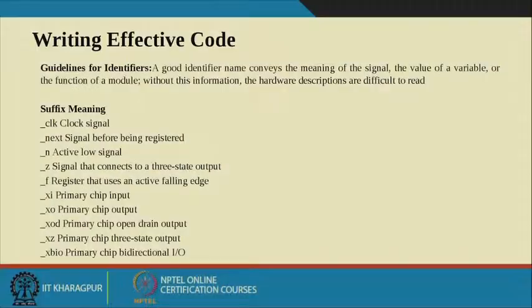Then underscore next is for the signals used for registering. Underscore n is basically used for active low signals. Underscore z is the signal that connects to a 3-state output.